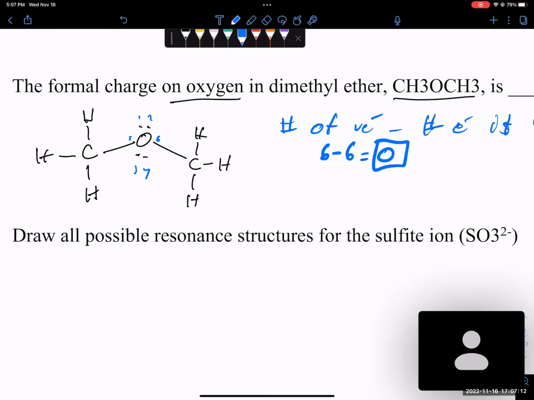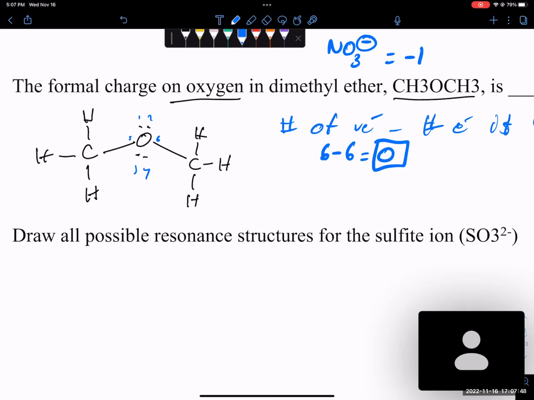Say you have nitrate, NO3 minus, the -1 actually contributes to the formal charge of the overall molecule. So the overall charge of the molecule is equal to -1. It's the same case here, CH3OCH3. Do you see any charges on here at all? No, right? So you could say that everything here is 0.